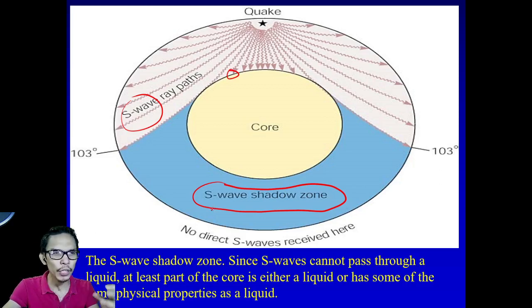So natural gas and oil deposits are technically material in which the S wave cannot pass through. So the petroleum engineers use S wave in order to detect where these oil deposits and natural gas deposits are located underground. Alright, so that's the importance of using the S wave or the seismic waves.